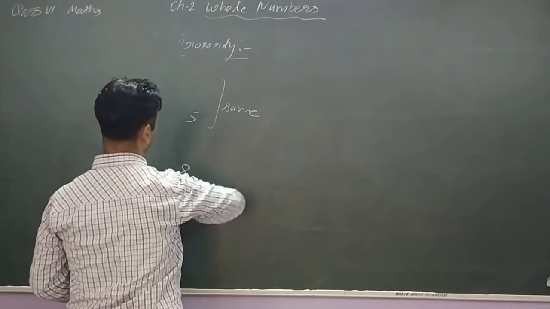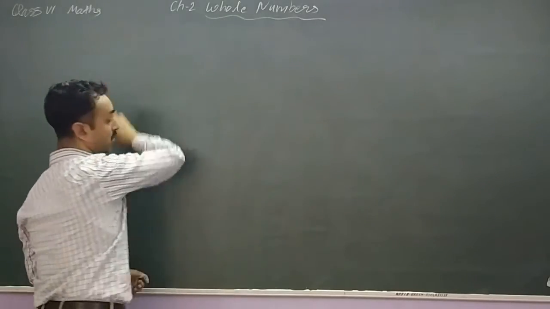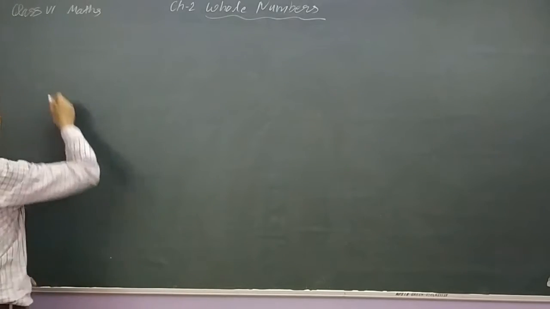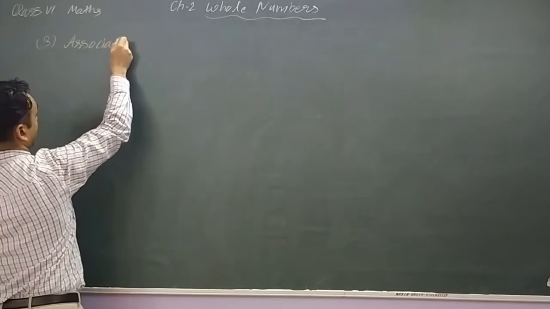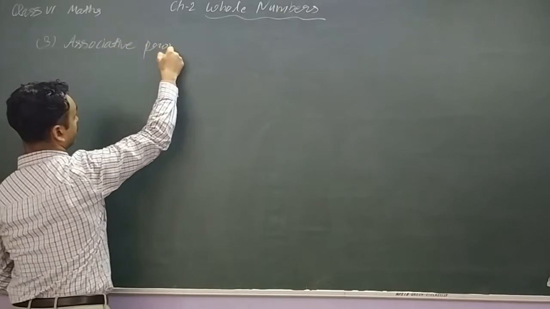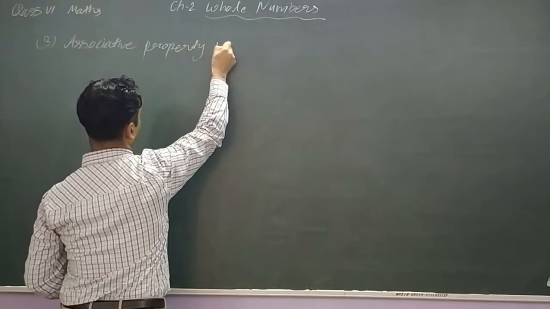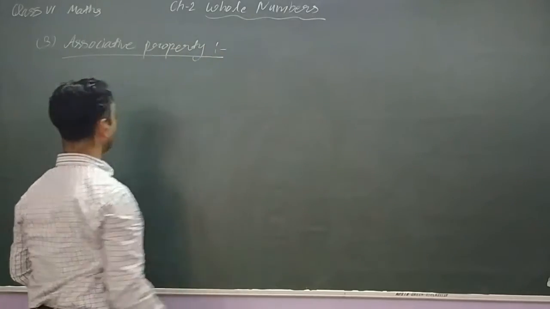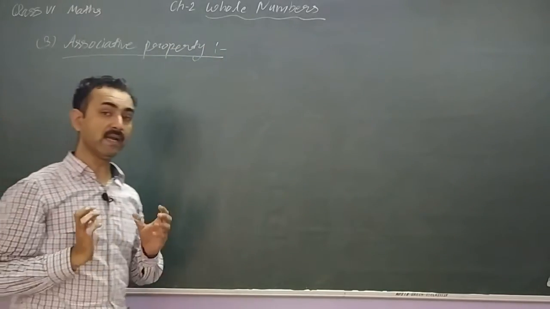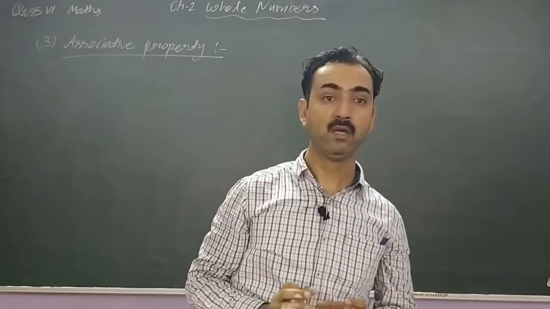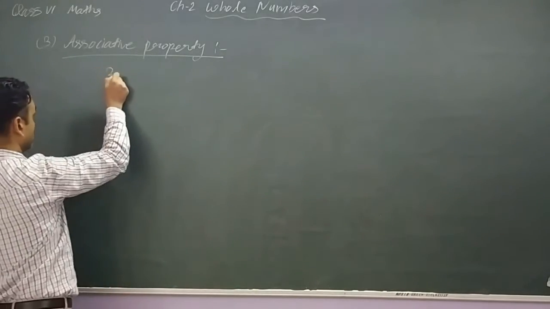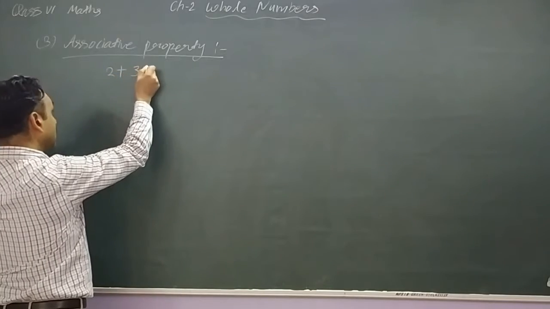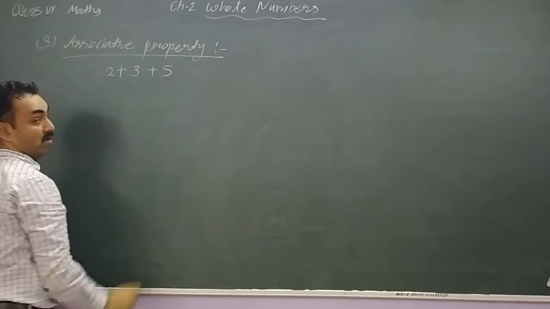Now we will understand about the third property, which is the associative property. Associative property means we can add the first two whole numbers out of three numbers. Like suppose 2 plus 3 plus 5.